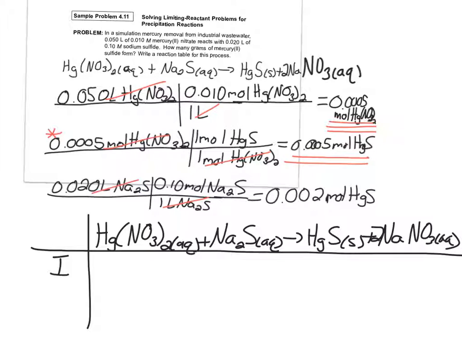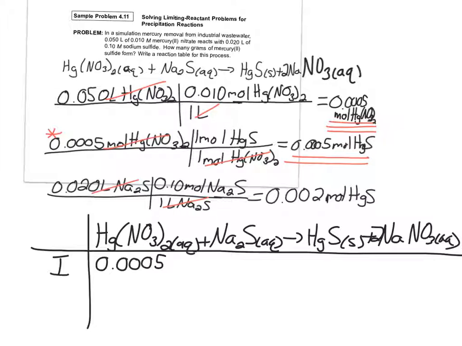All right? So let's see. What does the problem tell me I have for the mercury nitrate? The moles they gave me was 0.0005. That's what I started out with there.